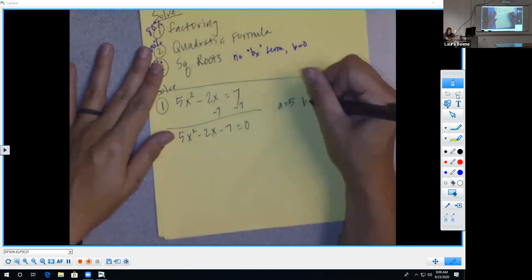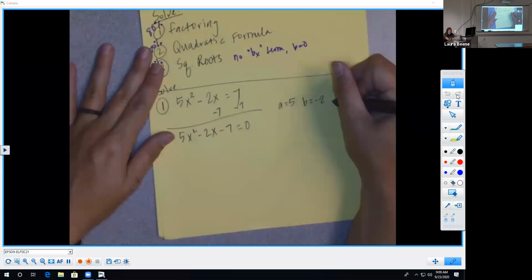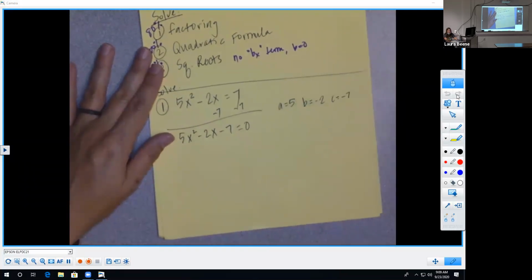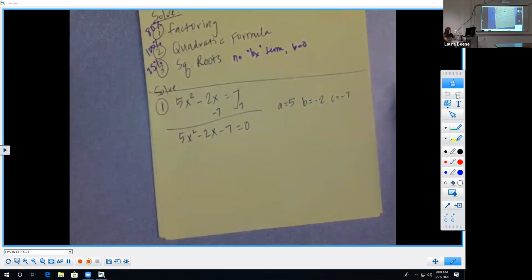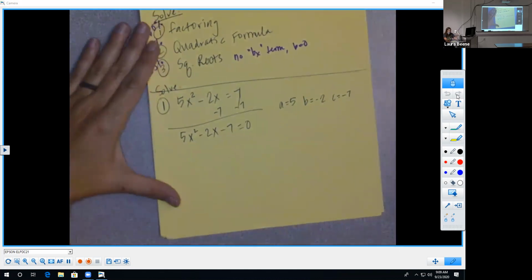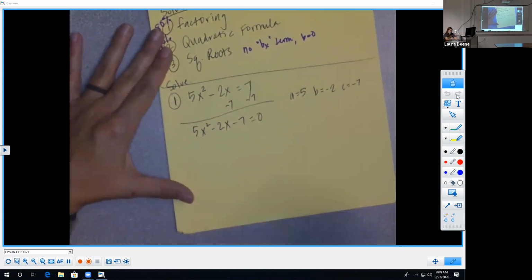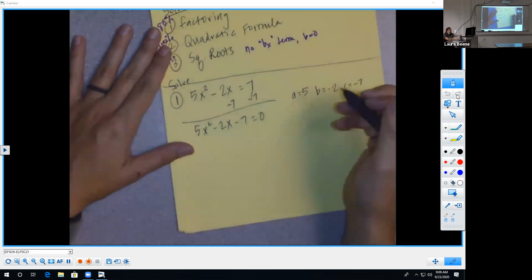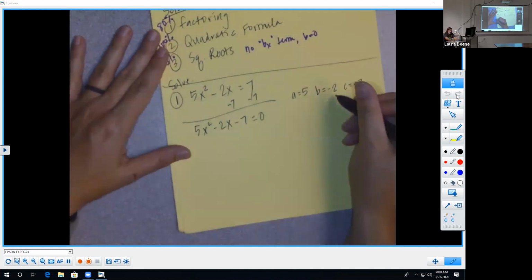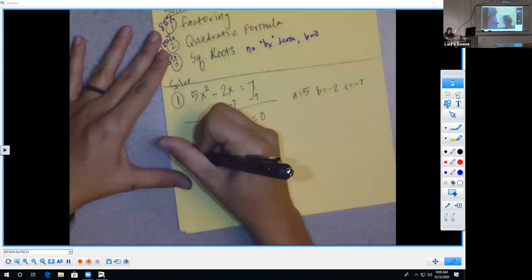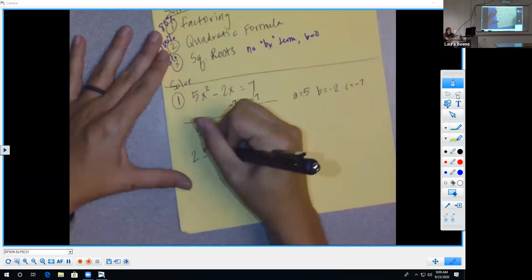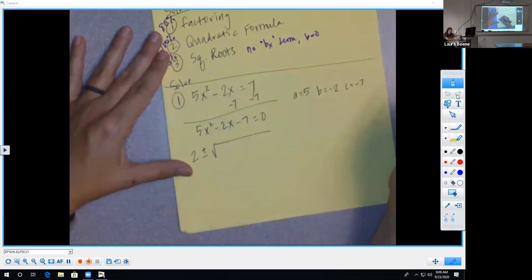So my a value is 5. B is -2, C is -7. So let's plug that into the quadratic formula. Quadratic formula is -b plus or minus. So -b would be the opposite of -2. Change the sign, so +2 plus or minus the square root of b squared.